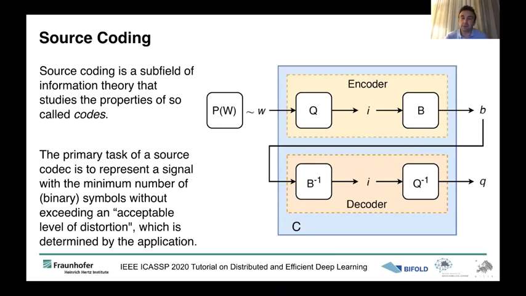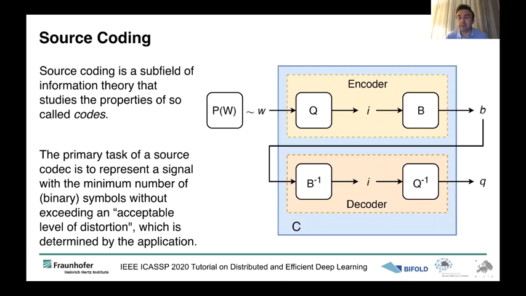In some sense, you have some random process, P of W, which generates your signal, your inputs. Then you have your encoder, which encodes this signal into a binary representation B. The encoder consists of two parts, a quantizer, Q, and a binarizer, or a lossy part and a lossless part.